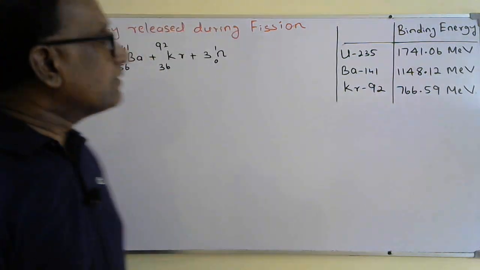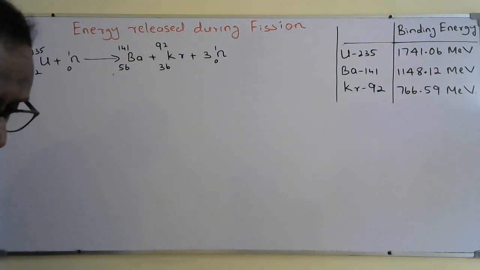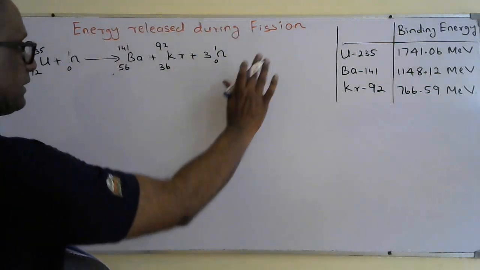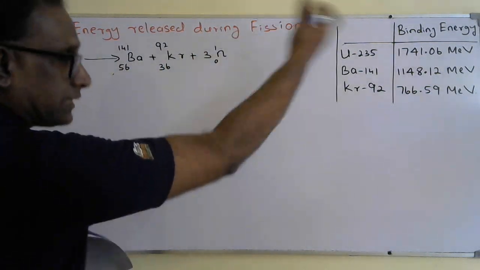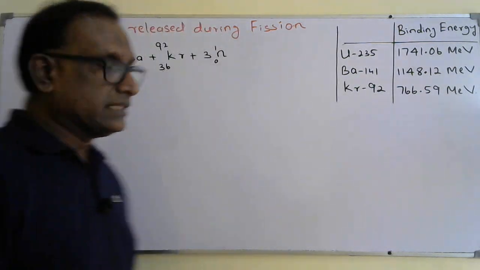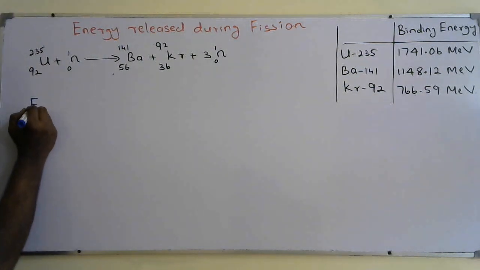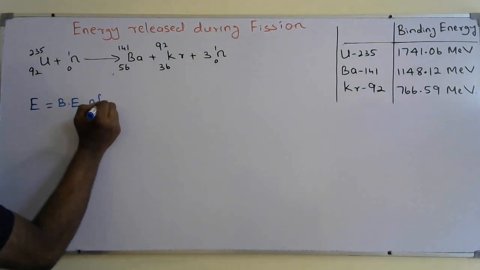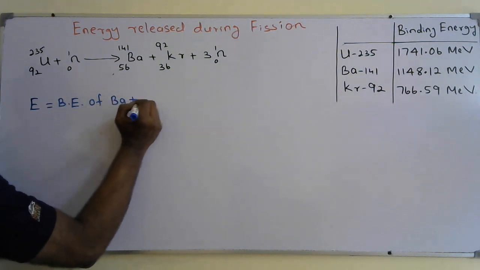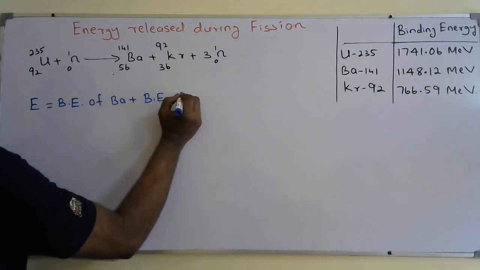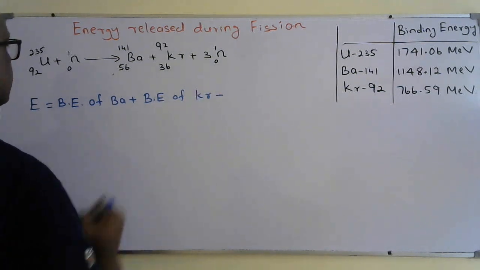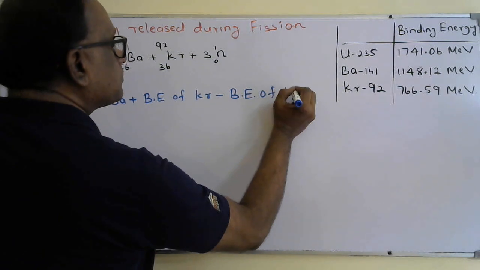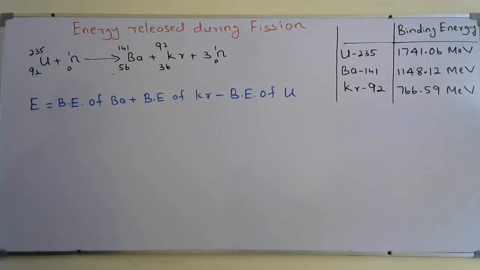Anyway, how to calculate the energy release is simple. The energy release, in the form of kinetic energy of barium, krypton, neutron and thermal radiation, everything together, is equal to the binding energy (B.E.) of barium plus binding energy of krypton minus binding energy of uranium. Neutrons have no binding energy.